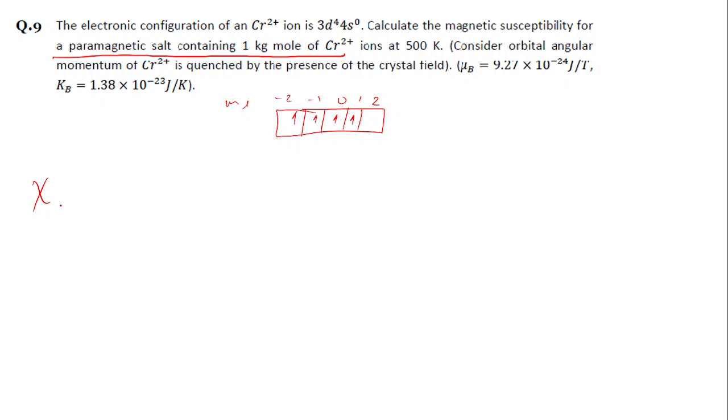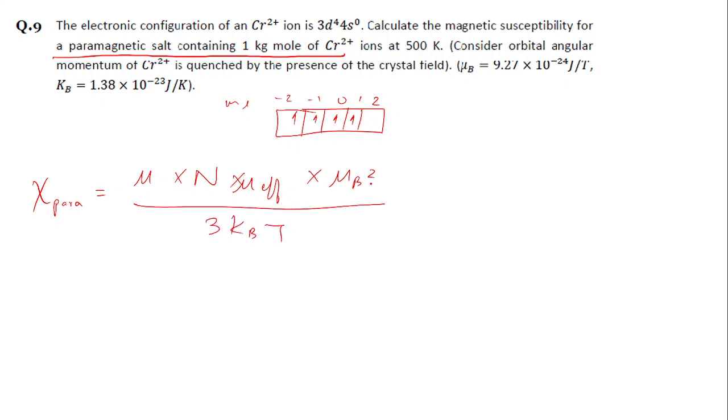So for paramagnetic material, the magnetic susceptibility is calculated by permeability multiplied by the number of atoms per unit volume, and effective magnetic moment, and then square of Bohr magneton divided by 3 kBT. So we need all these things.